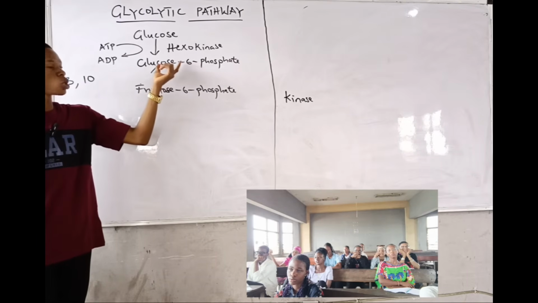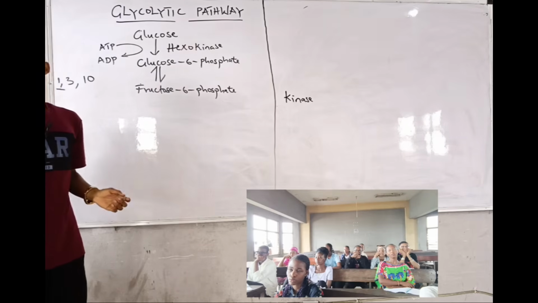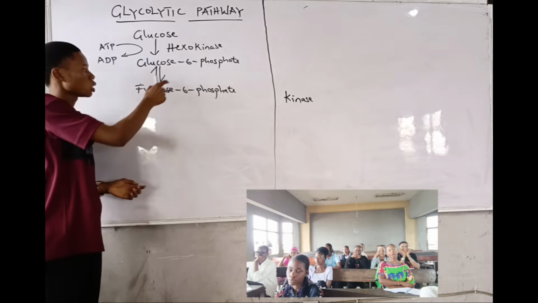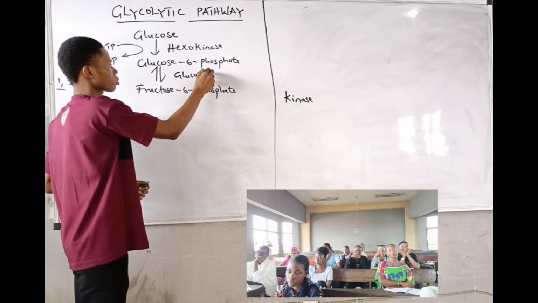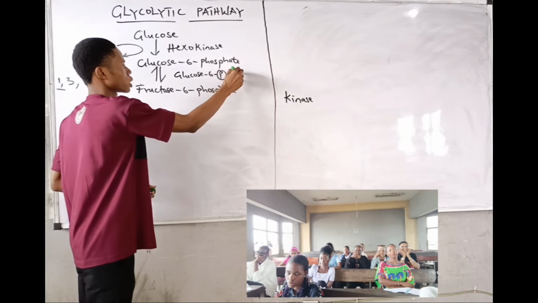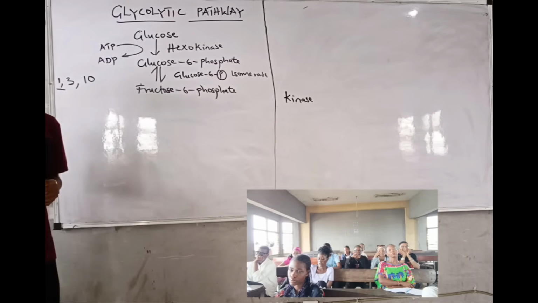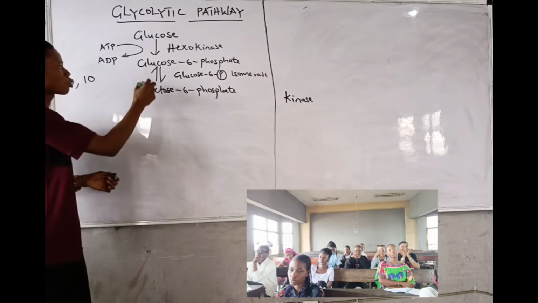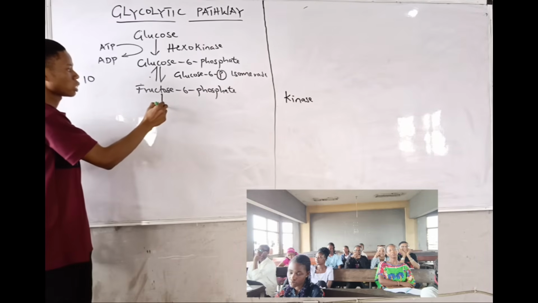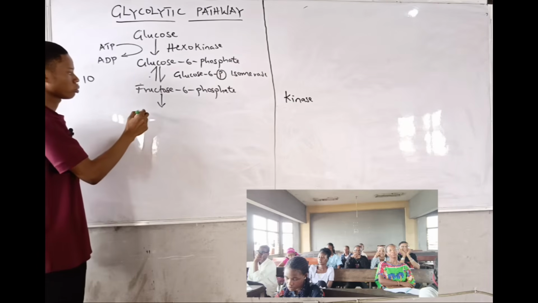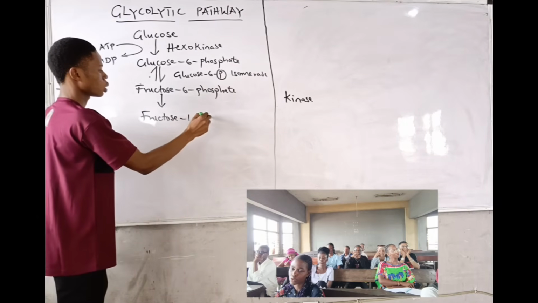Phosphoglucose isomerase or glucose 6-phosphate isomerase. Either is correct. It is the enzyme that isomerizes glucose 6-phosphate to fructose 6-phosphate. Now from here, this is step 2, right? Step 3 is reversible or irreversible? Irreversible, right? From fructose 6-phosphate to what? Fructose 1,6-bisphosphate.